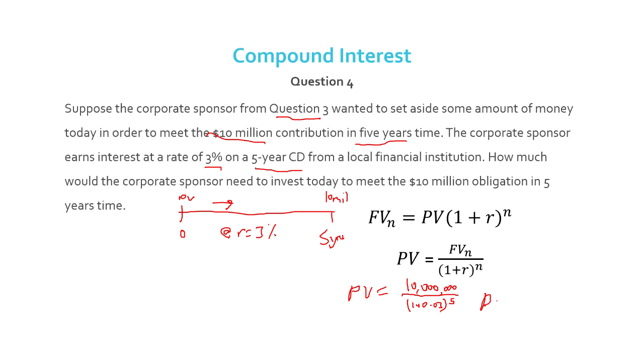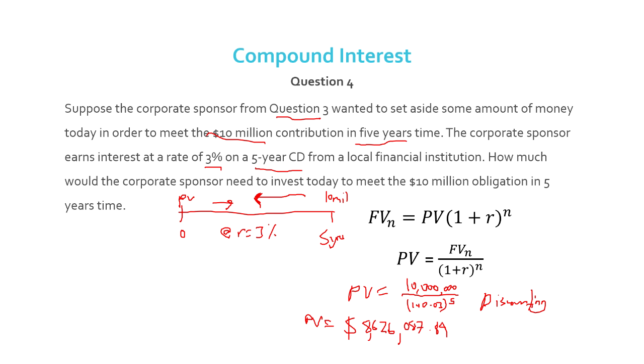This process is known as discounting. So we're discounting this cash flow of $10 million, calculating it via the discounting process to a present value figure in today's terms. If you discount that amount of 10 million by 3% for 5 years, you're going to get an amount that is approximately equal to 8,626,087.84.